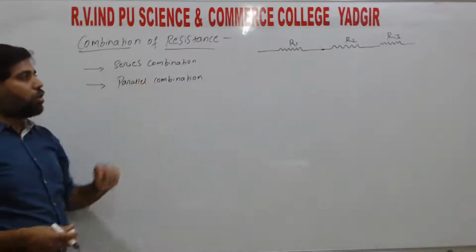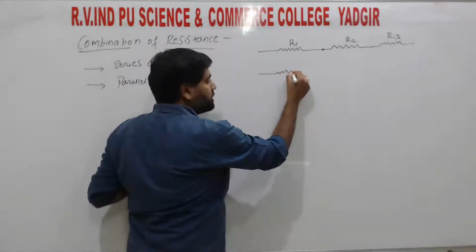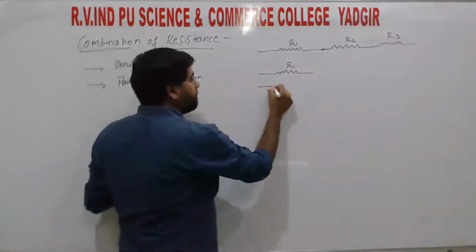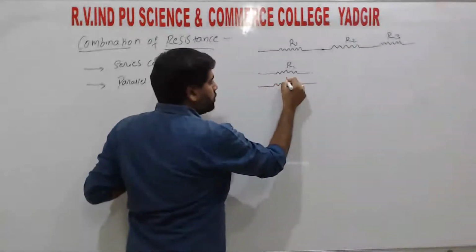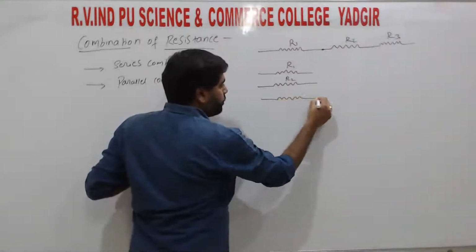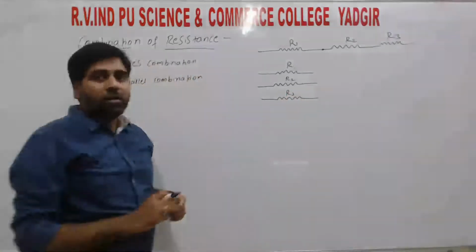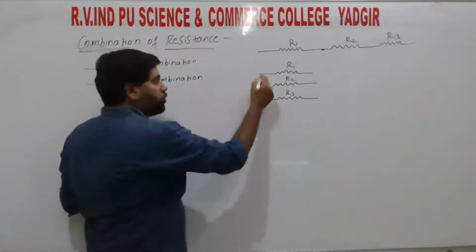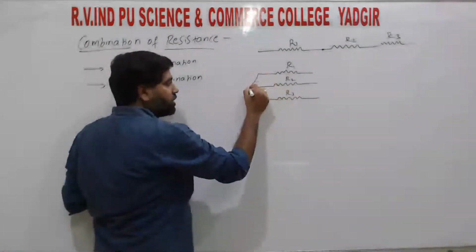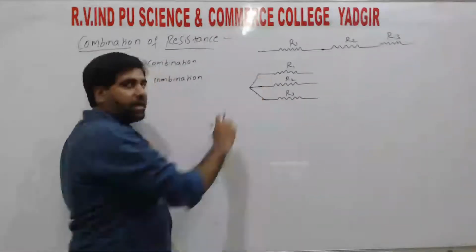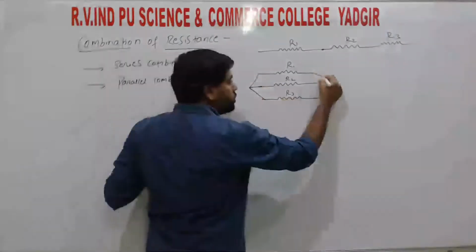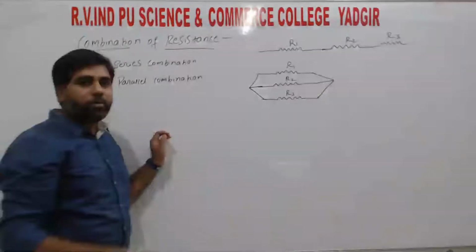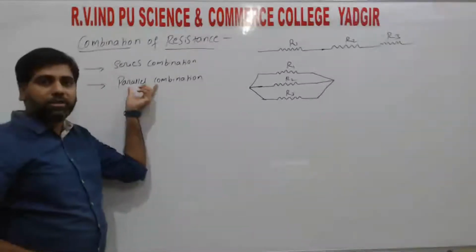So next, parallel combination. We have two or more resistances which we want to join in parallel, right? Here one end of all the resistors are joined together, all three ends on one side, and simultaneously the other ends are also joined together. Then we get the parallel combination, right?